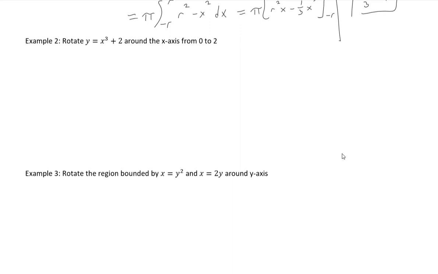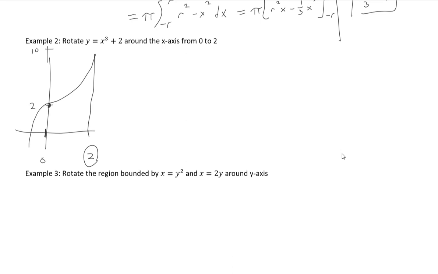From 0 to 2, this is shifted up vertically 2, and so that looks like a standard cubic function. If I even want to find where it hits, if I plug in 2, I get 8 plus 2, so it goes up to about 10, if I really want to know.